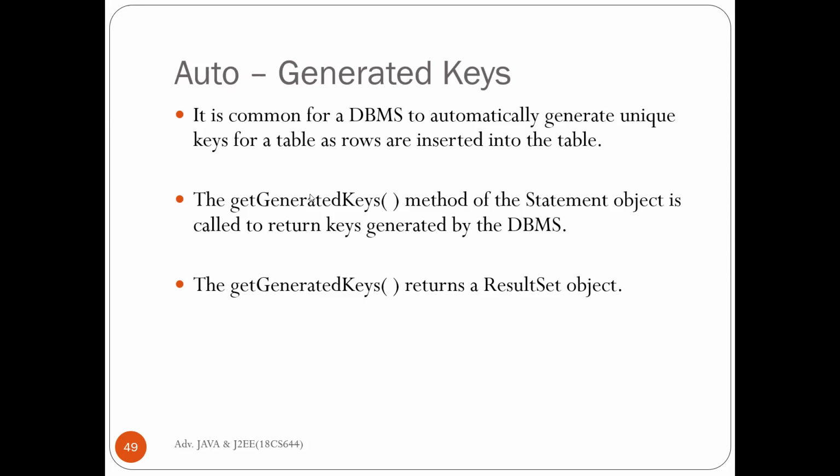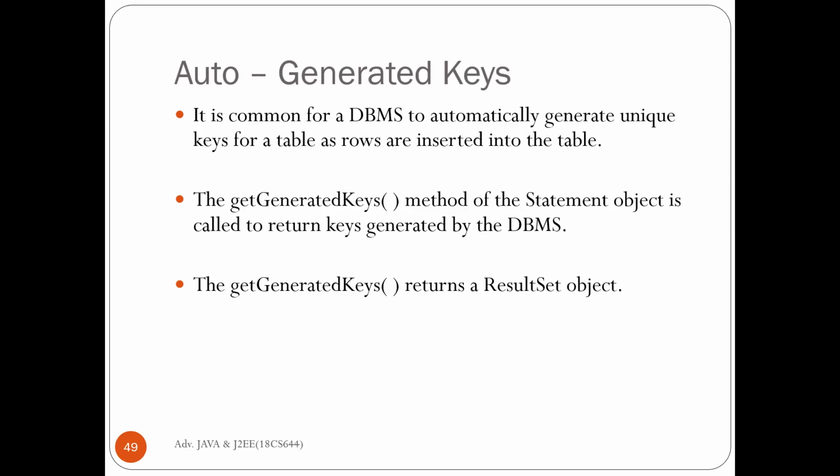For that purpose, in order to get that generated key, we can use the get generated keys method on a statement object. Immediately after the insert statement, we can call this method, and it will return the generated key again as a result set only.